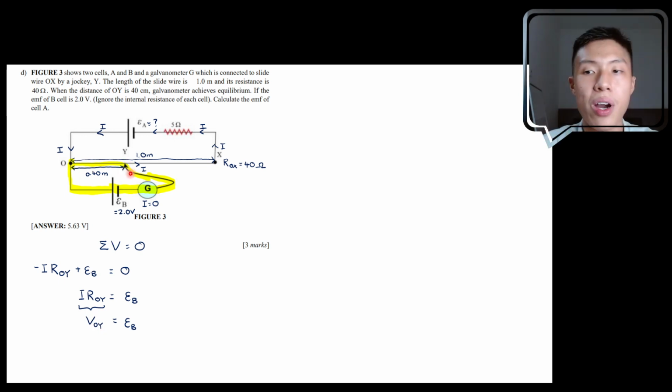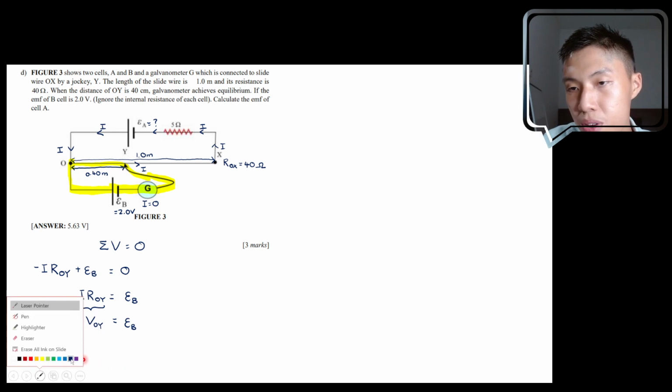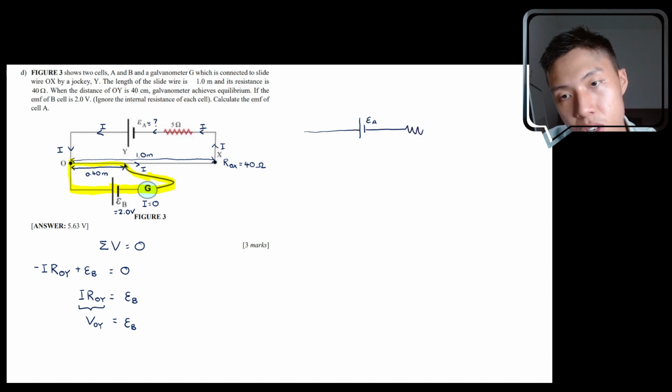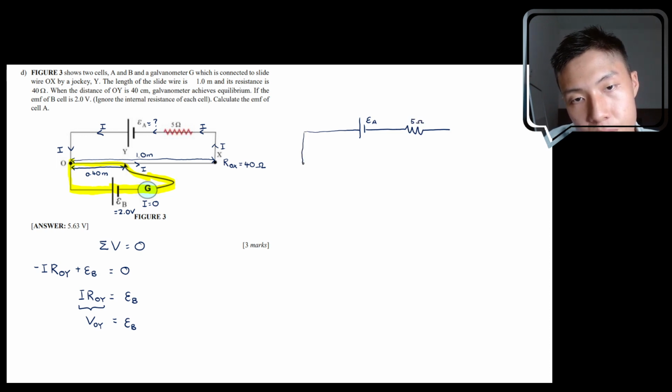Well, that will require some understanding of potential divider. So let me redraw the circuit on the right in order to show you how the potential divider works here. Here we have our first resistor, which is the 5 ohm resistor. Then going downwards, we have the slide wire.